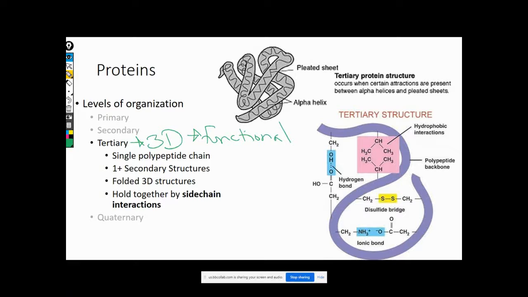Which means this protein can go out and do its thing, whatever that is. If we've created a protein channel, it can be embedded in our plasma membrane and move things around in the cell. If we've created an enzyme, it can go out and break down milk sugars.